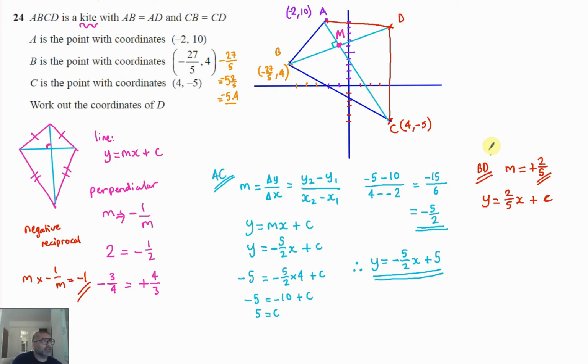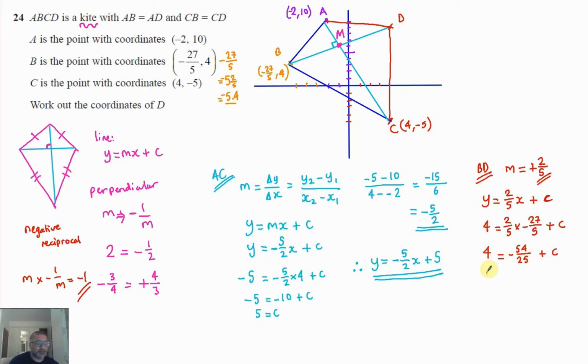And again, for B to D, I can only substitute in the value that they've given us. So I can substitute in my coordinates for B. When x is -27 over 5, y equals 4. So 4 equals 2/5 times -27 over 5 plus c. So 4 equals -54 over 25 plus c.